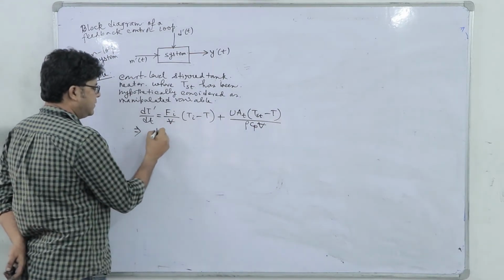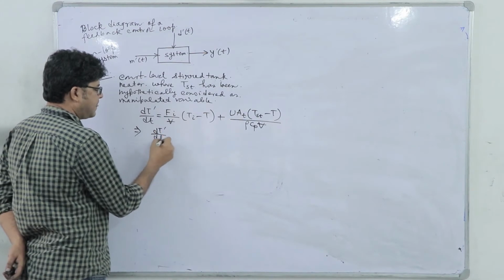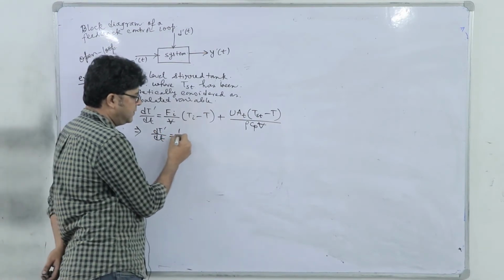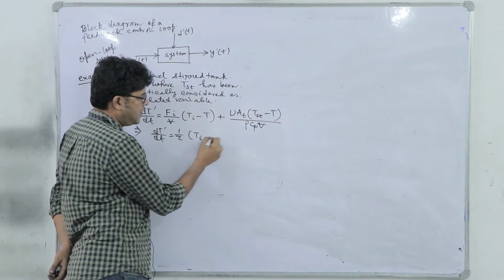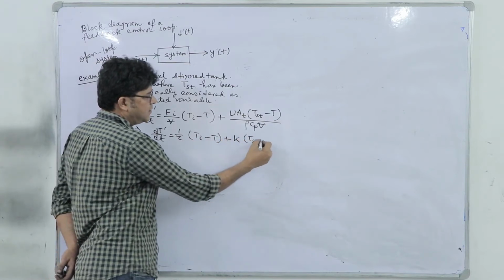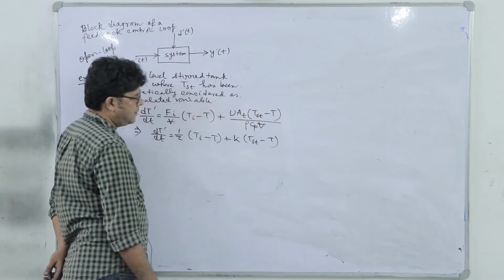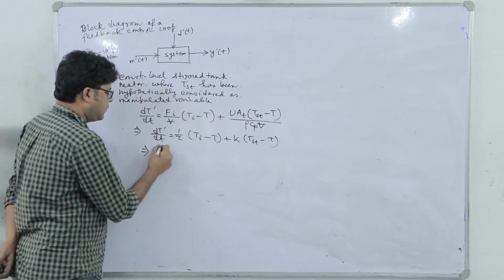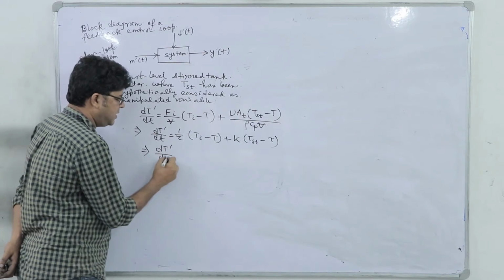So you see this dT prime/dt, we consider this as 1 by tau (Ti minus T) plus K into (Tst minus T), right. So we have got the equation as dT prime/dt.